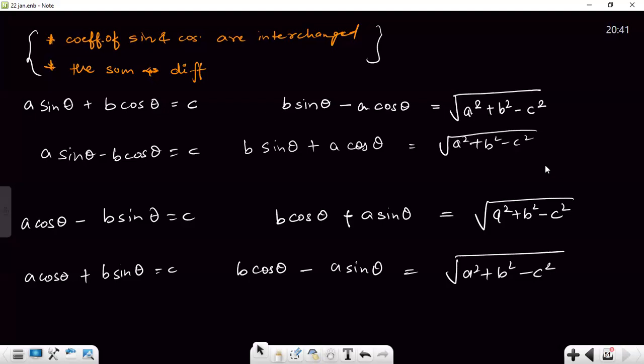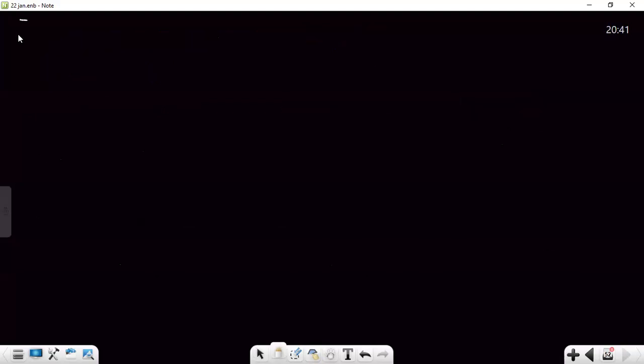Let's take an example. 3 sin theta plus 4 cos theta, if that is given as 5, then find out 4 sin theta minus 3 cos theta.